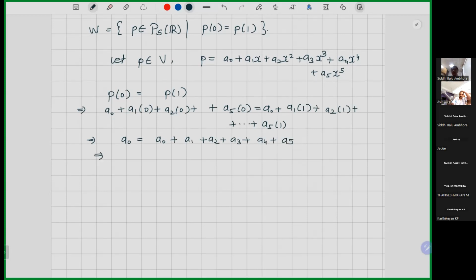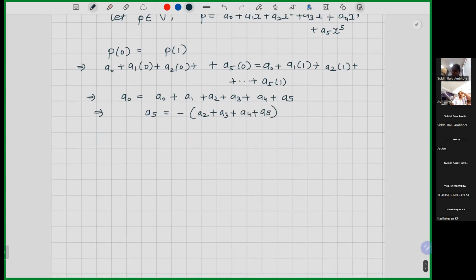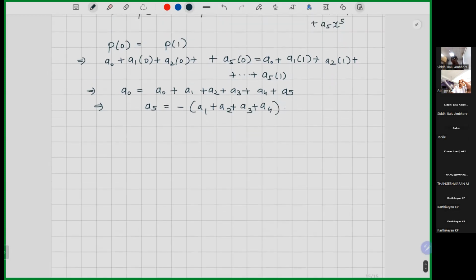So A0 gets cancelled and we are left with A1 plus A2 plus A3 plus A4 plus A5 equal to 0.